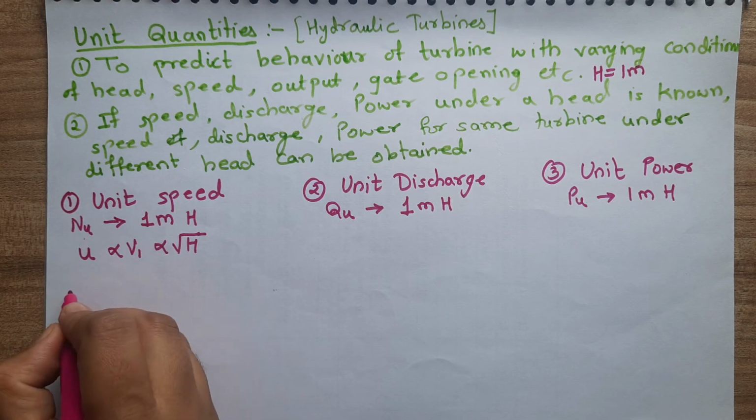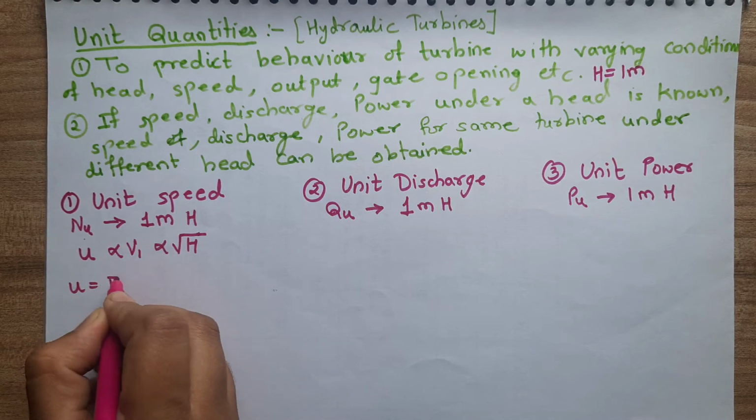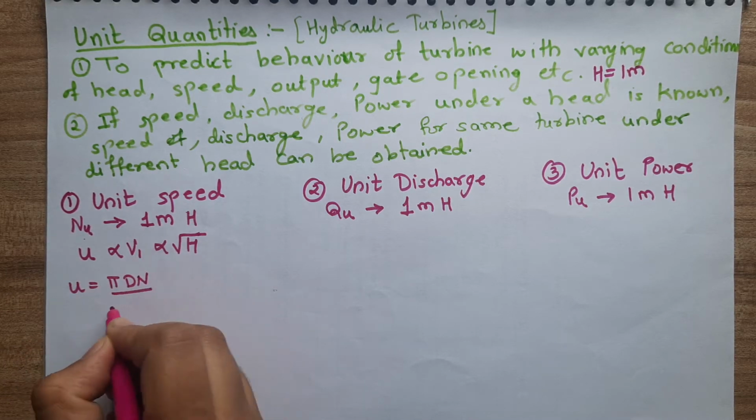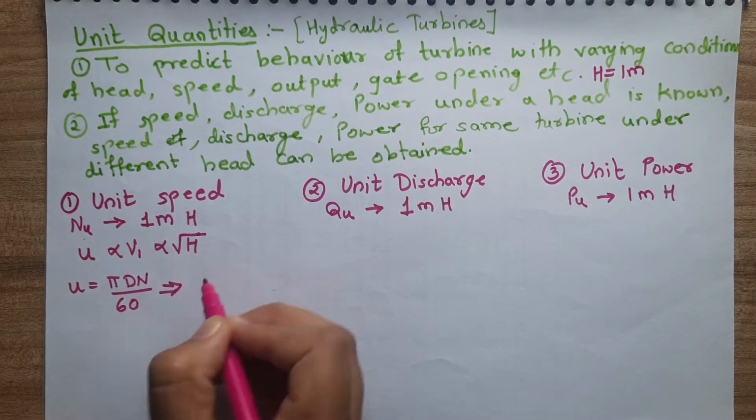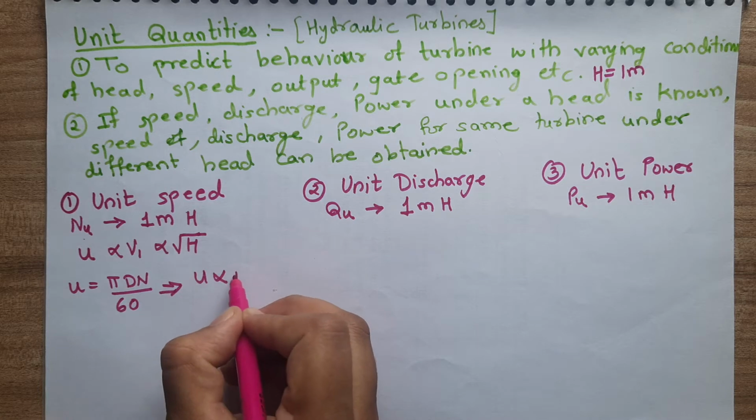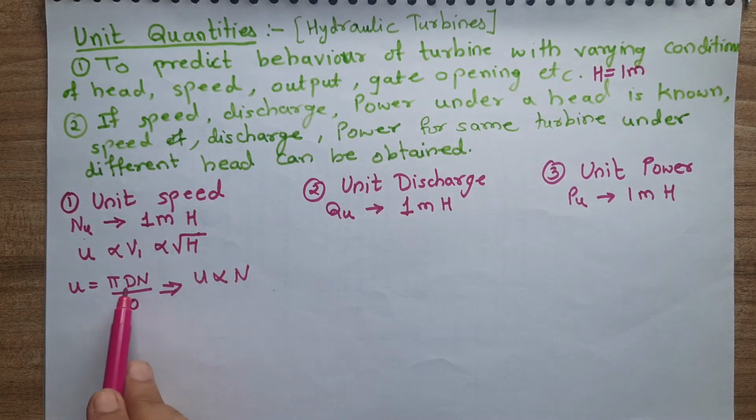Also, we know very well that U is equal to pi d n upon 60. We can also write this as U is directly proportional to n. Here we can't write that U is directly proportional to dn as we wrote in the specific speed, because here we are predicting the behavior for the same turbine. So for the same turbine, diameter is going to be the same.